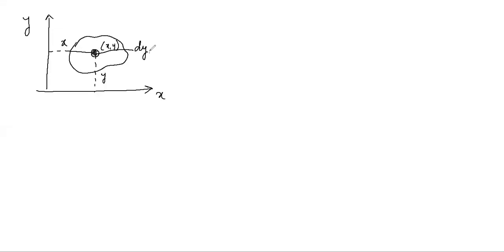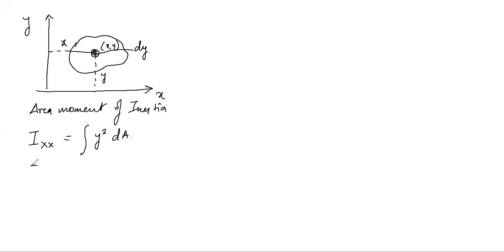With respect to your area moment of inertia, if we want to know the moment of inertia about the x-axis, it is defined as the integral of y square dA, and similarly about the y-axis, it should be the integral of x square dA, right?